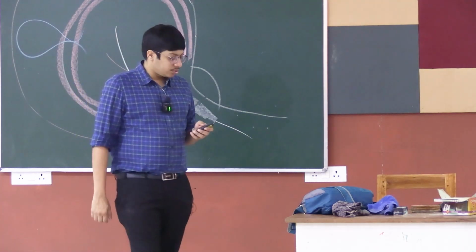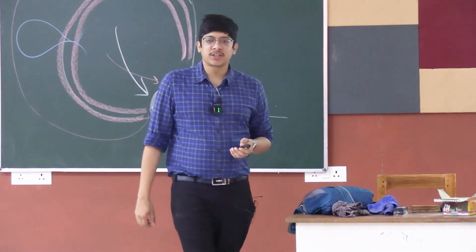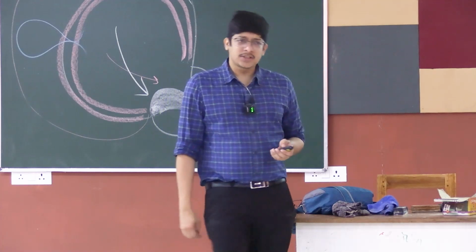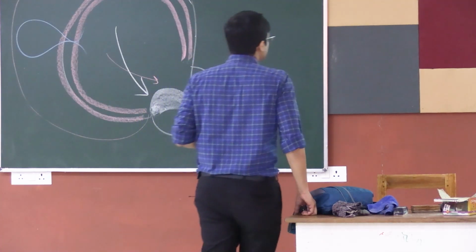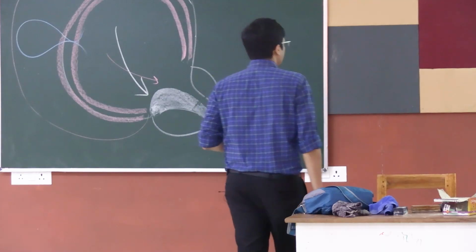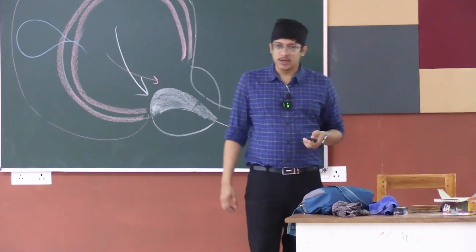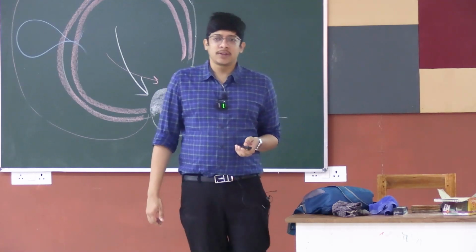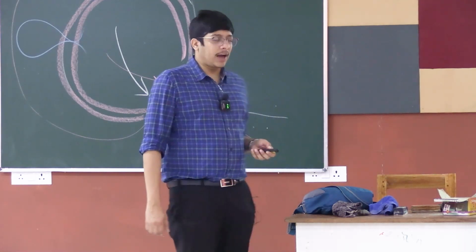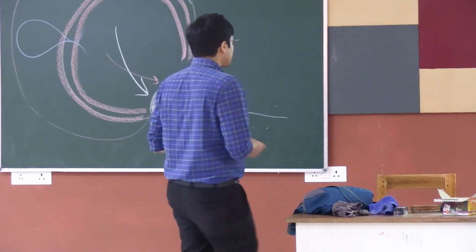Okay, so what are the commonly mentioned side effects of these drugs? It's very frequently asked because this is very common. One is orthostatic hypotension and two is retrograde ejaculation. This happens very commonly and whenever you are prescribing this drug to any patient, you will have to mention these two side effects at least.